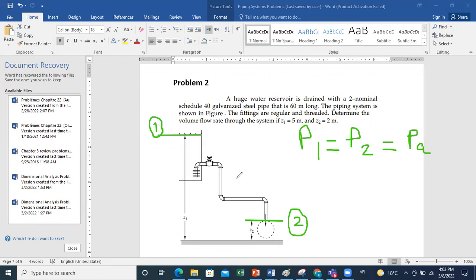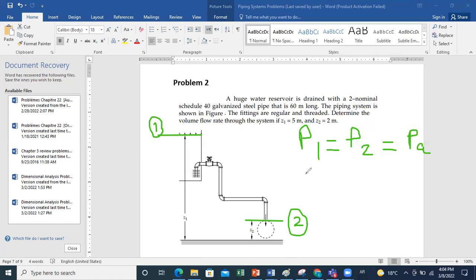Here, because you have this difference in elevation, this will create the potential of flow because the gravitational energy will be transformed into kinetic energy when going from 1 to 2. Plus, of course, we'll have to account for losses. A part of this energy will be lost because of the major and minor losses.